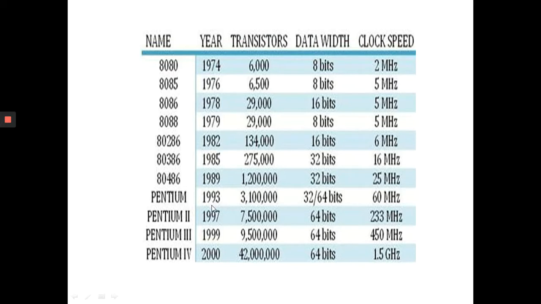In the last, we can consider the Pentium 4, which was invented in the year 2000, the number of transistors it uses, the length of the data bus, and the clock speed 1.5 gigahertz. So, this table shows a broad comparison of the various generations of microprocessors.